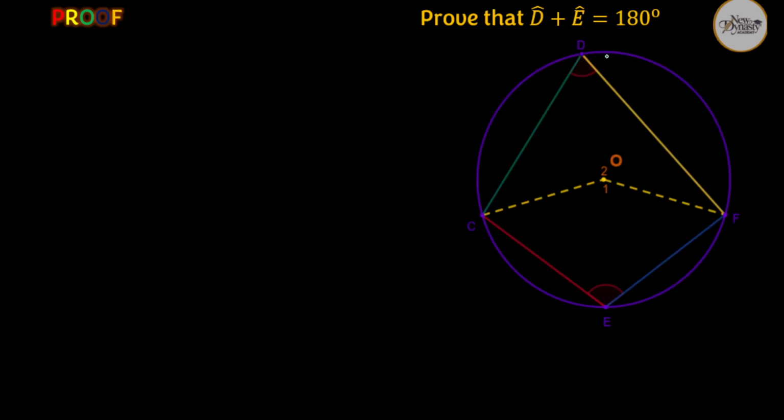And as the rule, for us to be able to prove something like this, we first need to construct. So this is what I did. I've constructed here, I joined OC with OF. Now, you can see that we are always constructing if we want to prove something. So this is what we have now.